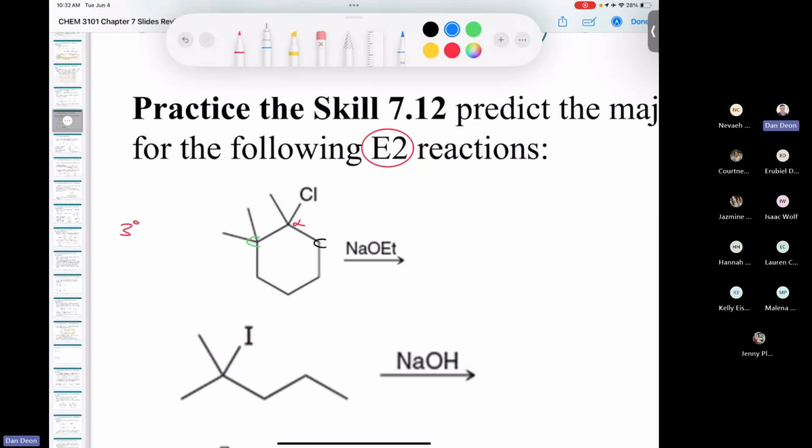It's got 3, but I'll just draw in 1 for instructional purposes. And the carbon in black has 2 protons. I'll just put in 1 for instructional purposes only. Okay? And ethoxide, so this is ethoxide here, is that a hindered or an unhindered base? And again, it's not a trick, we're just practicing.